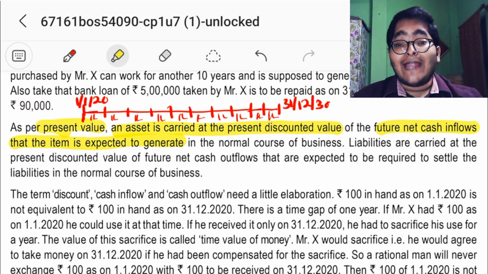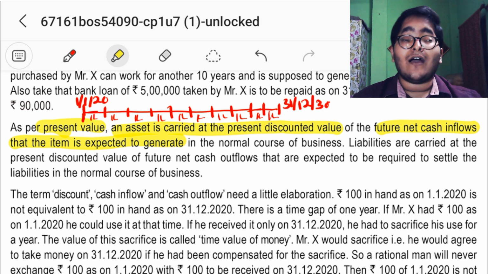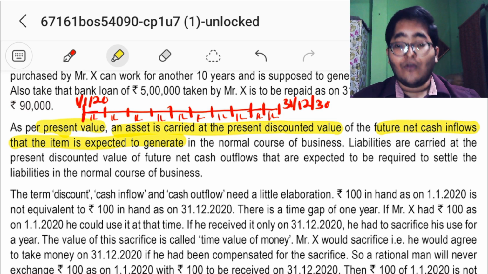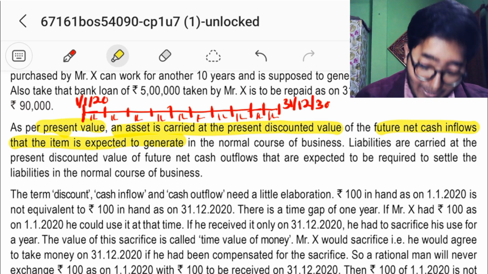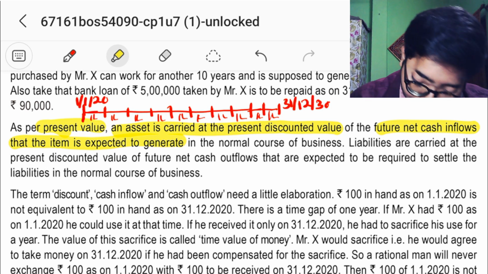What will be the net cash outflow, the discounted amount of net cash outflow of a liability throughout the life of that liability is known as the present value for that liability.